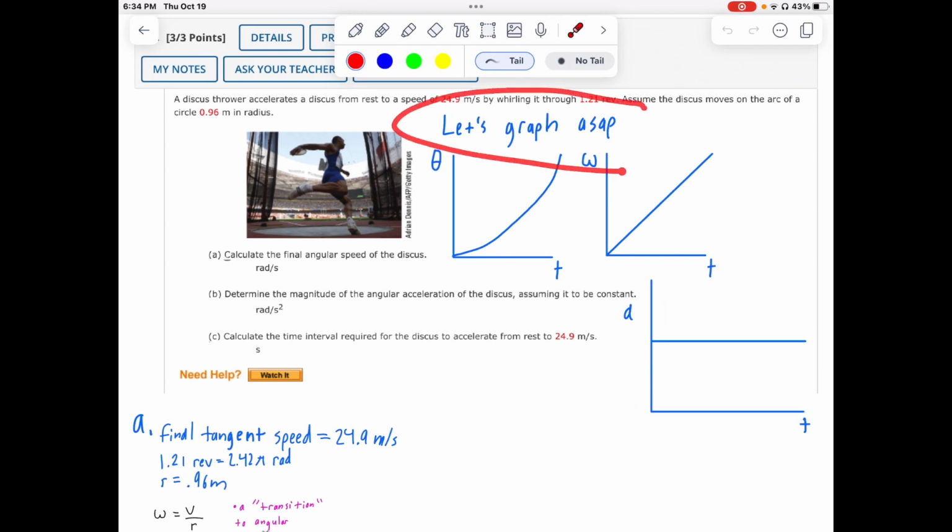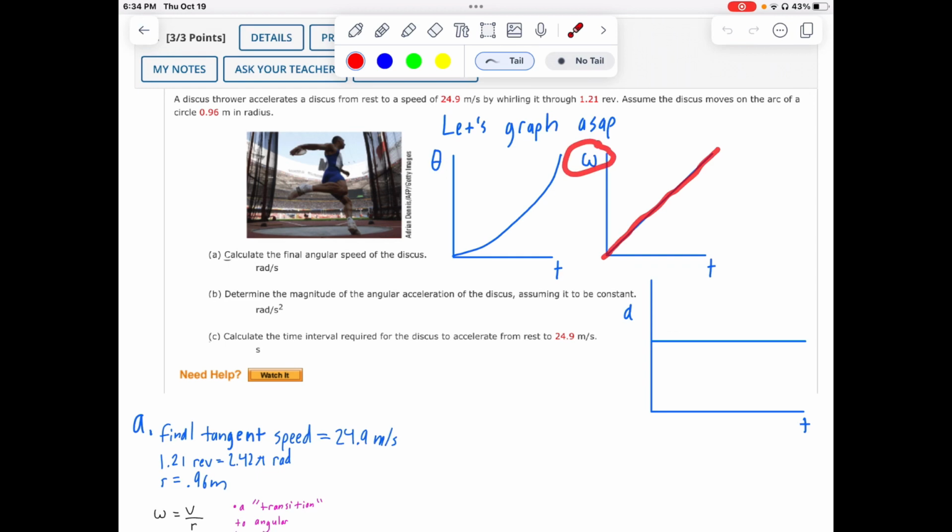So let's graph as soon as possible. Since the disk will be accelerating, I'll start from this angular acceleration time graph first, because I think it's a good place to start. We know that there's acceleration, no mention of calculus or anything, and the web design doesn't usually deal with that, so it's a constant acceleration. Constant acceleration means that our velocity will be increasing.